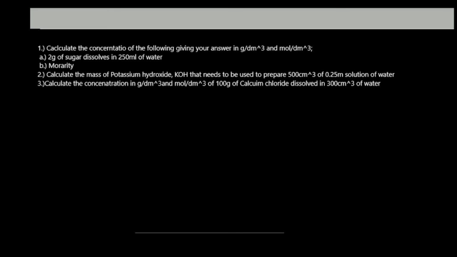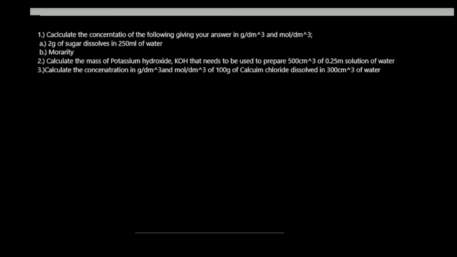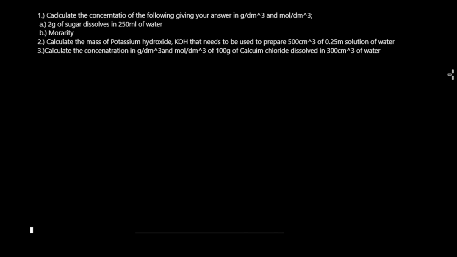So if you have gotten the basic concept, feel free to pause the video and try to attempt that question. But if you haven't, we can attempt it together. So first, let's say concentration is equal to mass over volume.